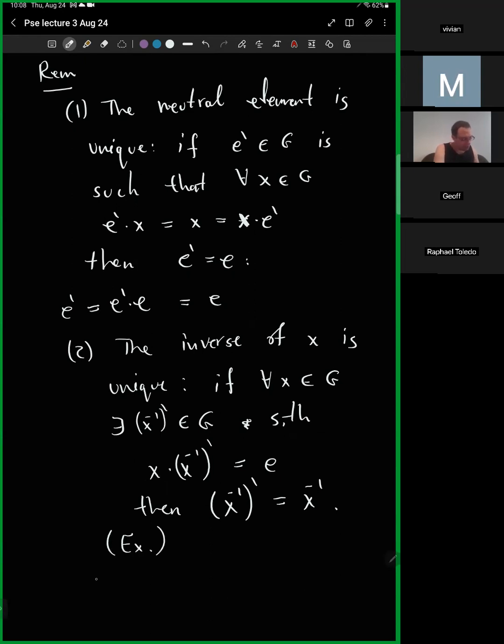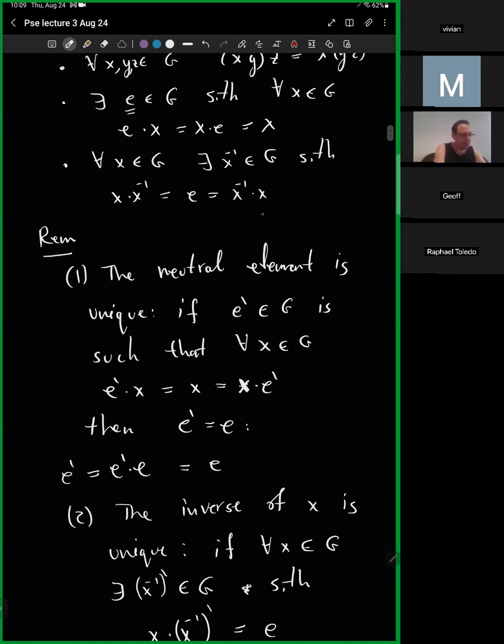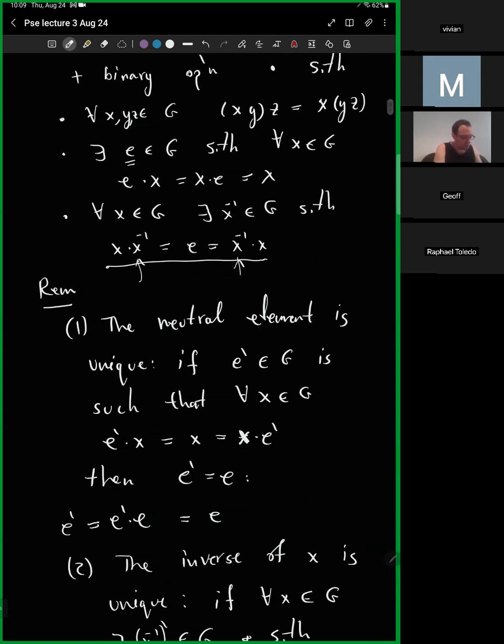And the third remark is that here in the inverse axiom, we required that the inverse would be a right inverse and also a left inverse. But it is in fact enough to require that for any x you have, let's say, a left inverse.